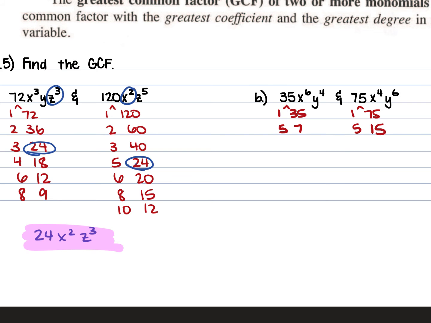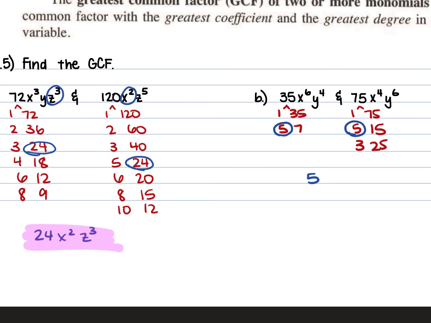That 75 is also divisible by 3, which gives us 25. From here, these are our only factors of 75 and 35. So your greatest factor that is the same for both is the 5. So we keep the 5.